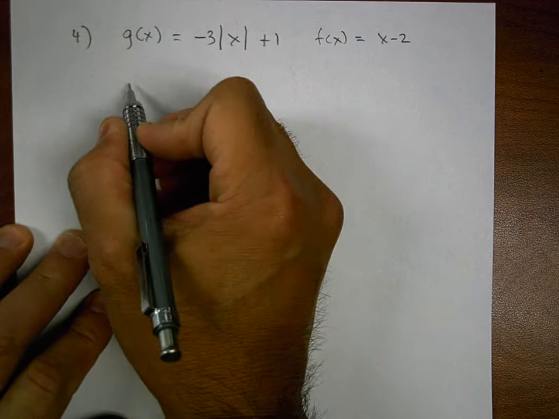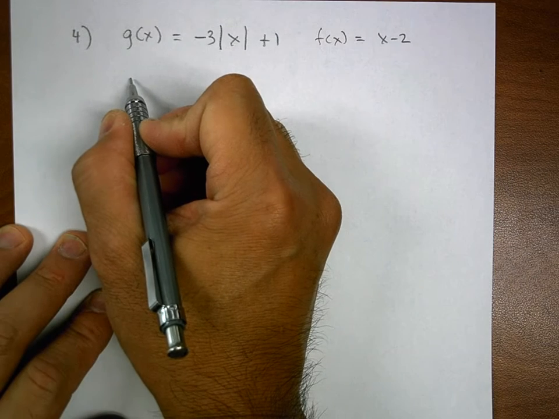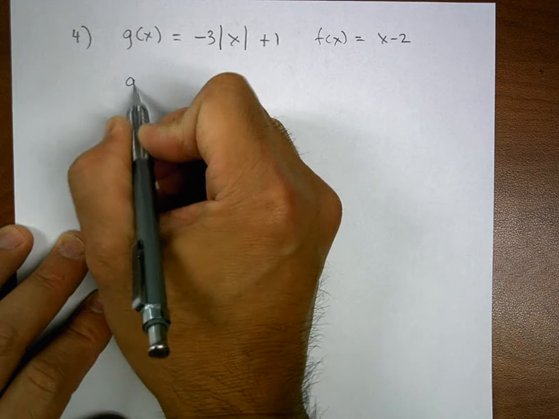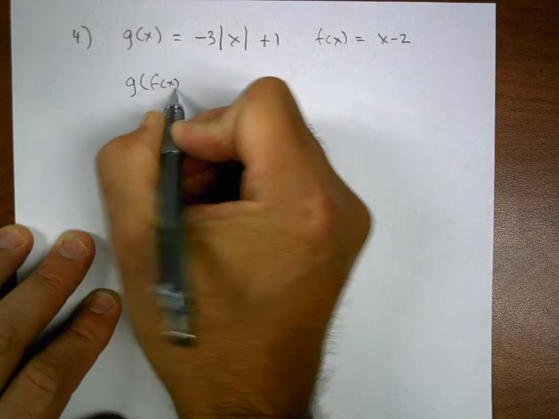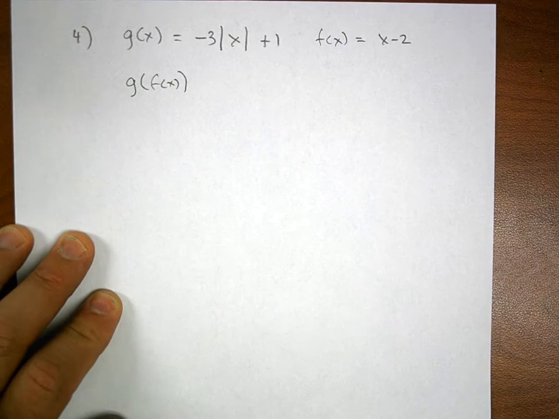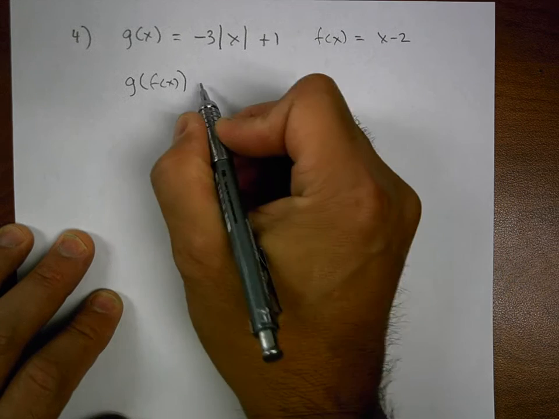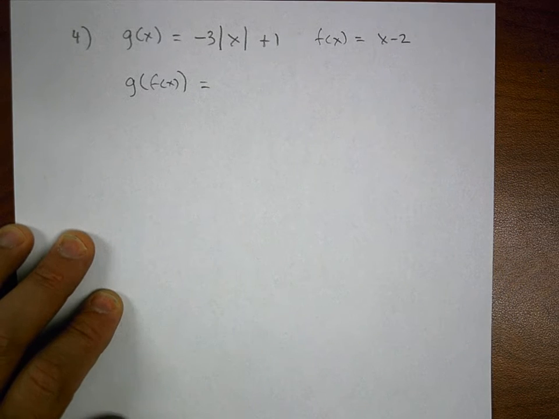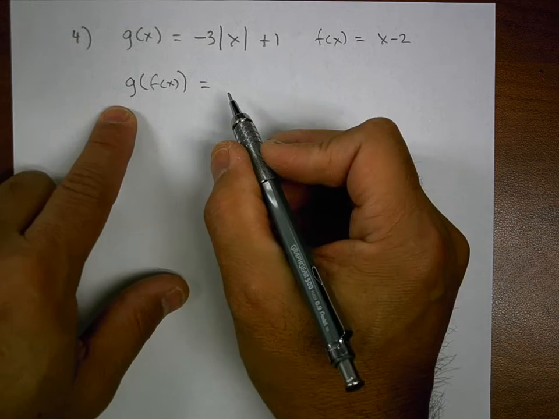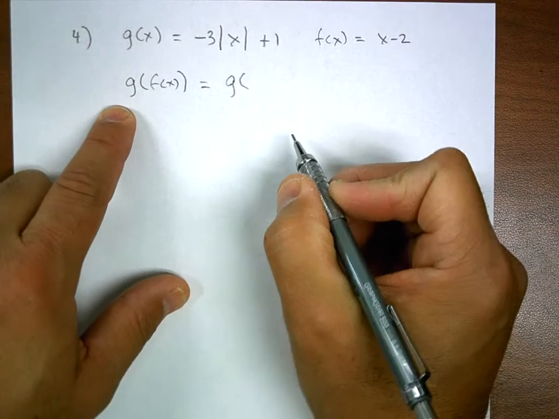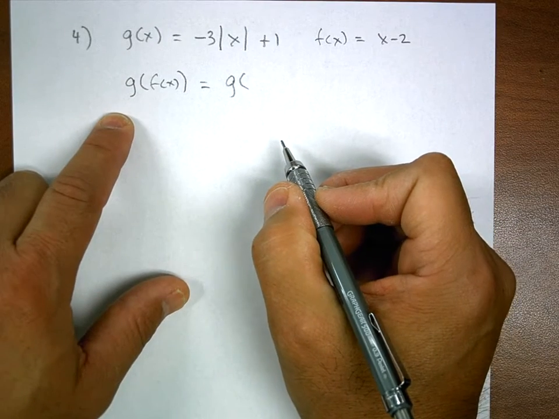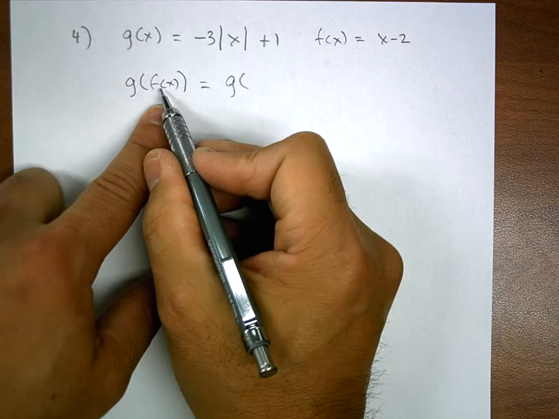Let's find this composite function, g of f of x. So g is our main function. This is g of what? x minus 2.